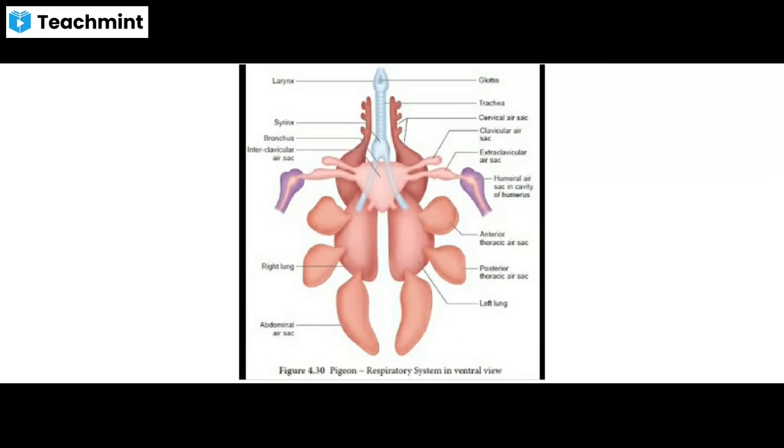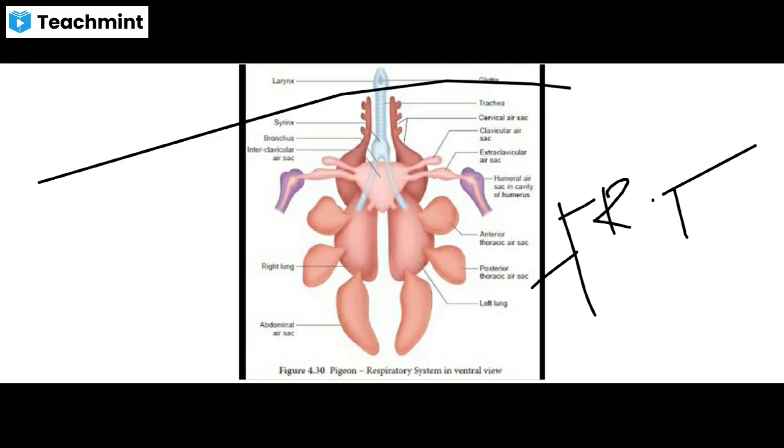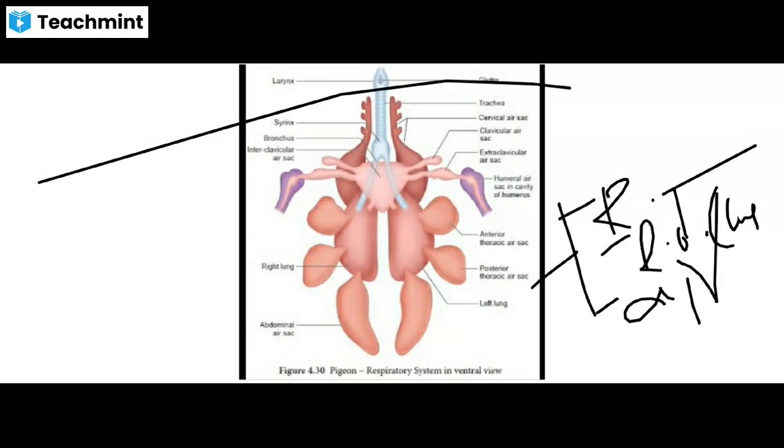The pigeon respiratory system includes the respiratory tract and air sacs, and the respiratory organs, which are the lungs.